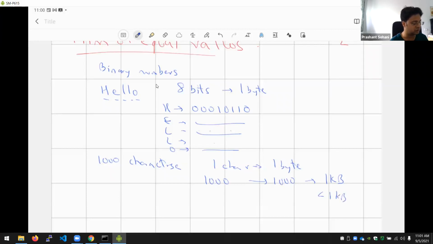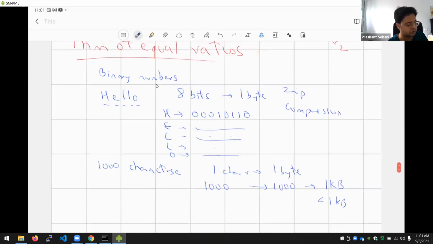So the whole question is, how are you able to represent the information using fewer bytes? In other words, what I'm talking about is compression. We all know about the zip file. You can take a lot of data and zip it, and you get a small file.